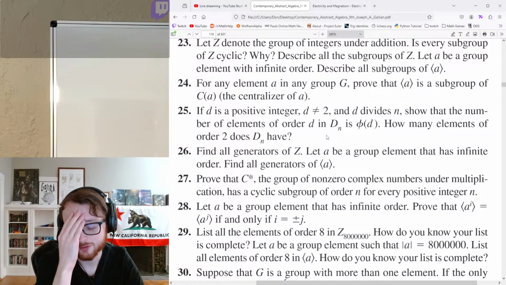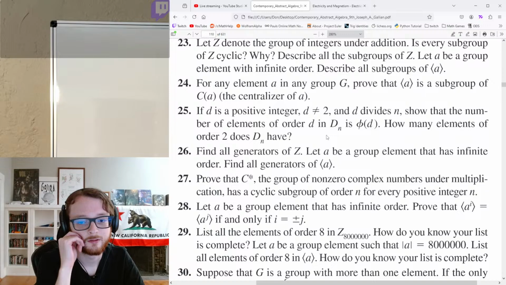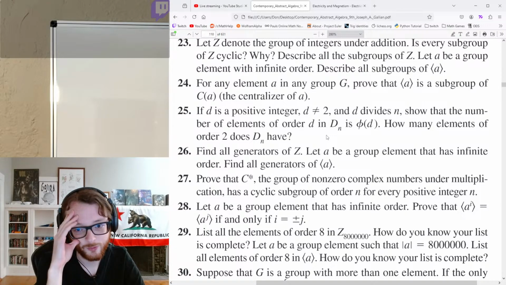Or an odd-sided shape, I guess. D sub 5 is a pentagon, which is order 10. So the order is always even, but n can be even or odd. But that's not really the biggest question of this.